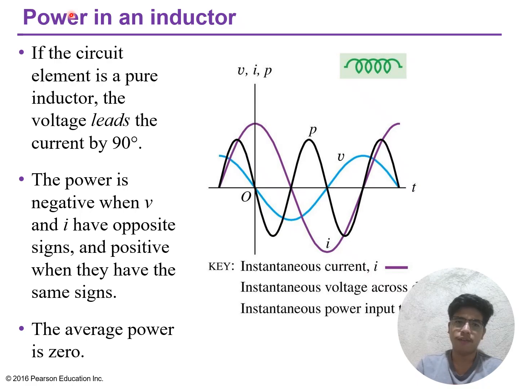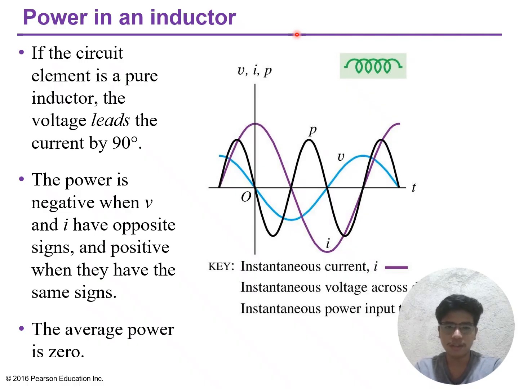oscillates symmetrically above and below zero because V and I always have opposite signs when one is positive and the other is negative. Negative power regions indicate energy flowing from the inductor's magnetic field back to the source.